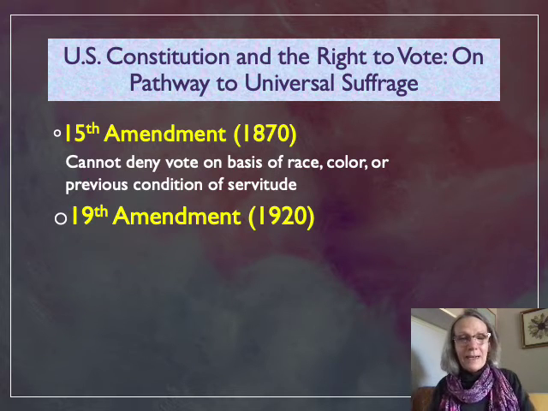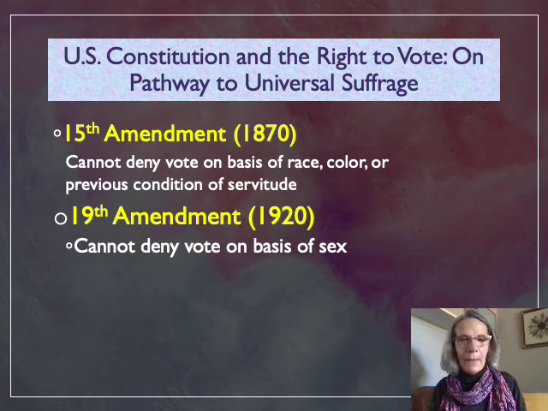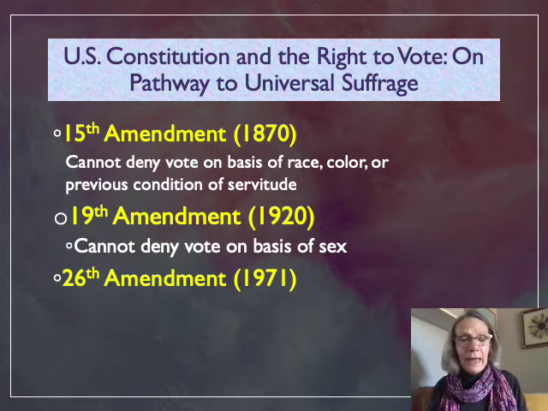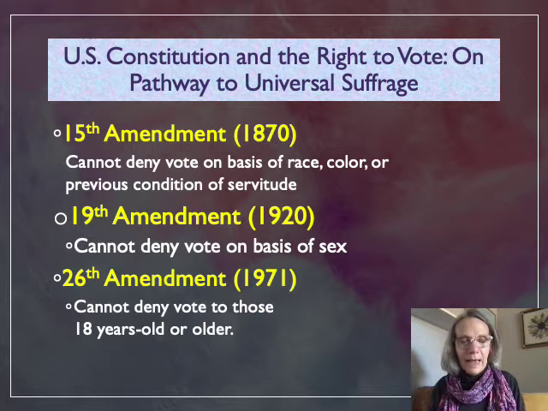And it takes another 50 or so years to extend the right to vote to women with the passage of the 19th Amendment. That basically says you can't deny the right to vote on the basis of sex. And then that expansion continues in the 26th Amendment in 1971, that basically says that you cannot deny the vote to those who are 18 years old or older.